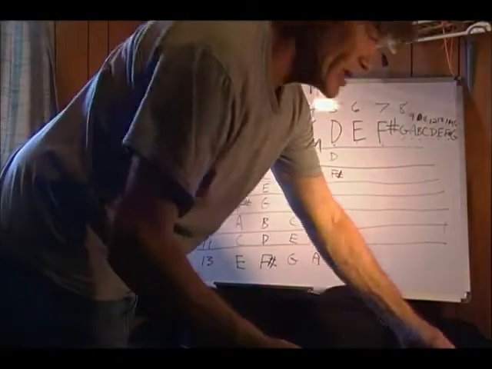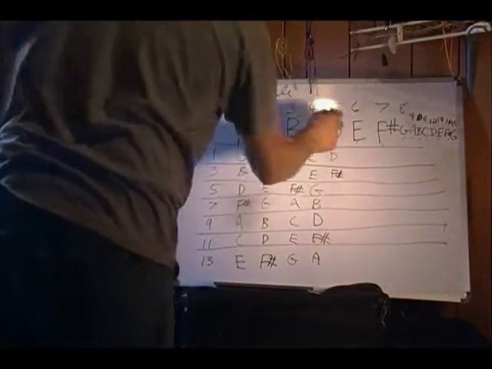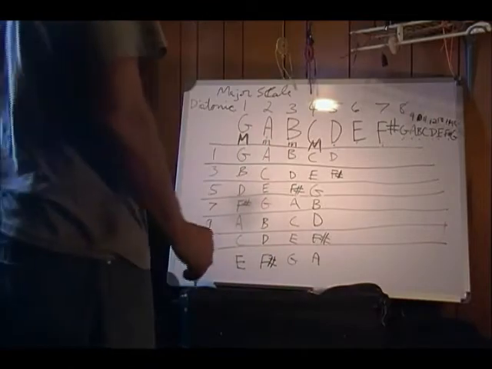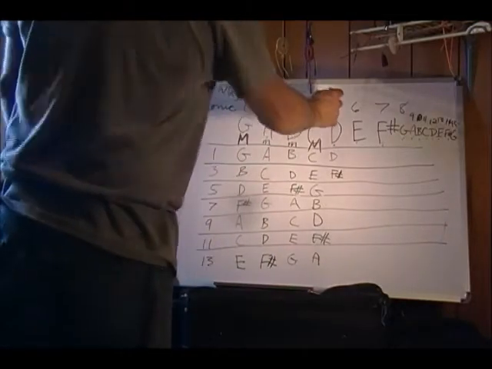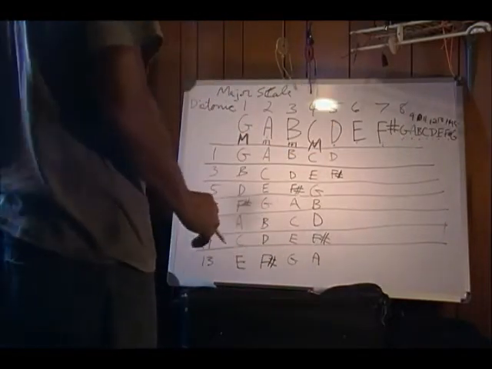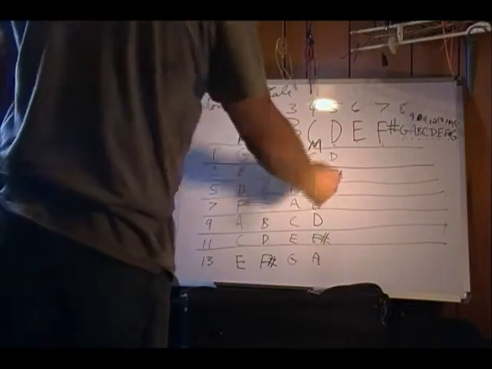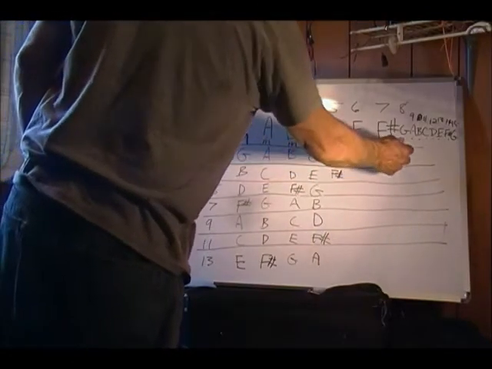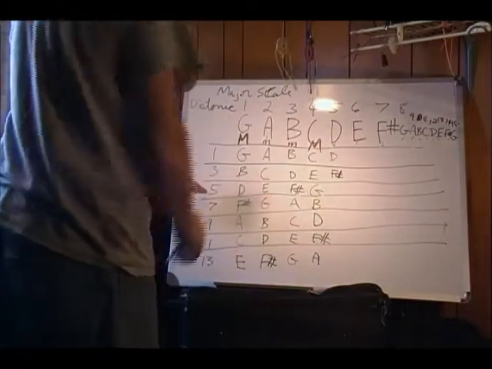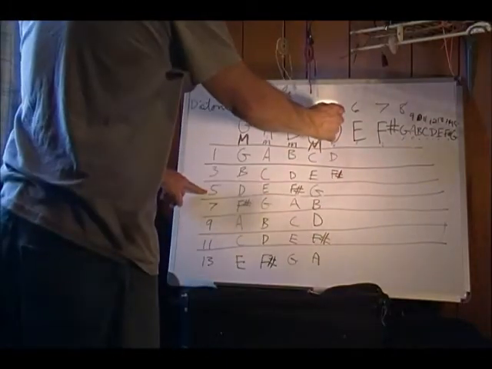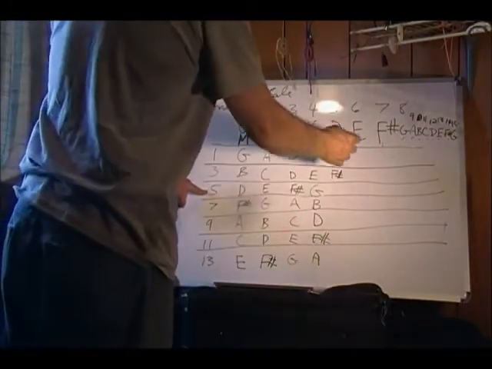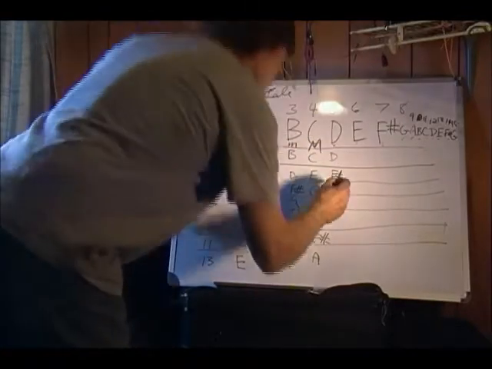Guess what? It's 2 whole steps. So this is not a minor chord. Alright? The fifth, away from D, 1, 2, 3, 4, 5, is an A note.